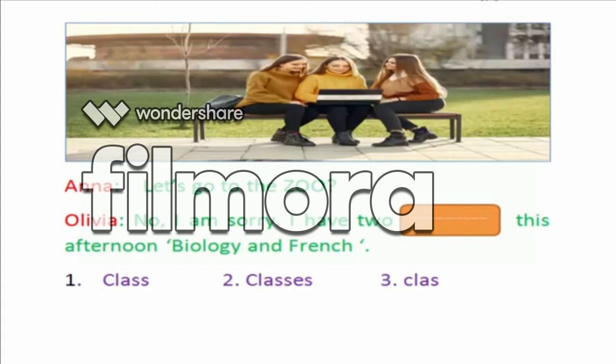Those are 2 subjects or classes important for Olivia. So number 3 and number 1 are false, because number 1 is singular form, and number 3 there is a spelling mistake. It is wrong and false.